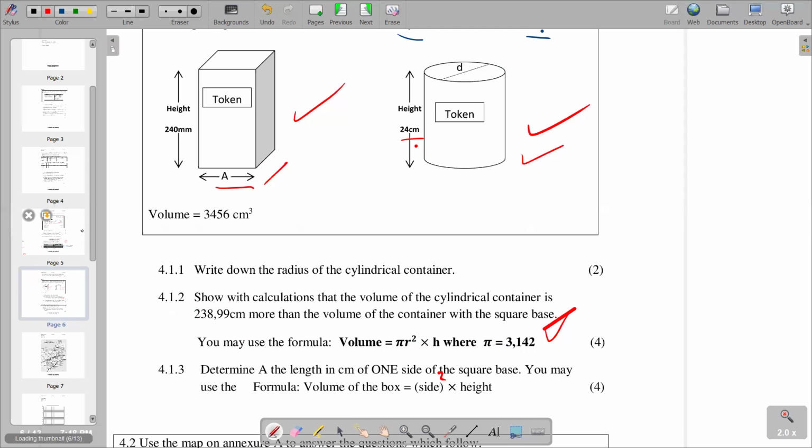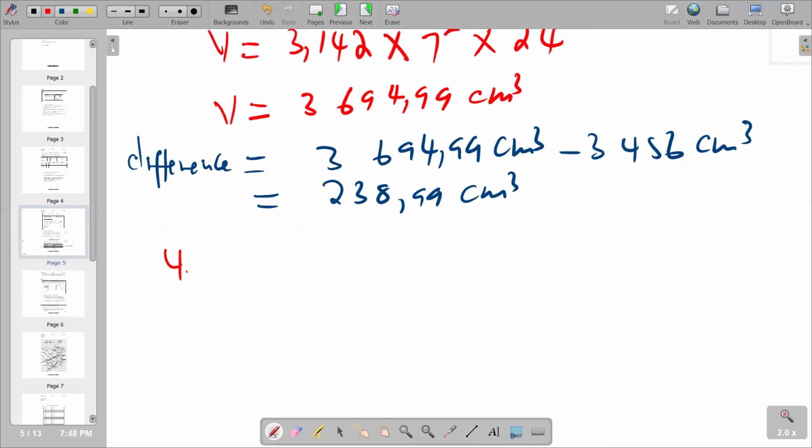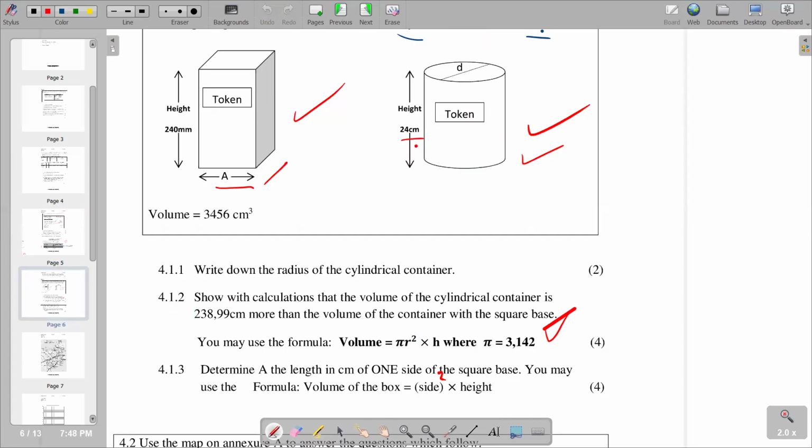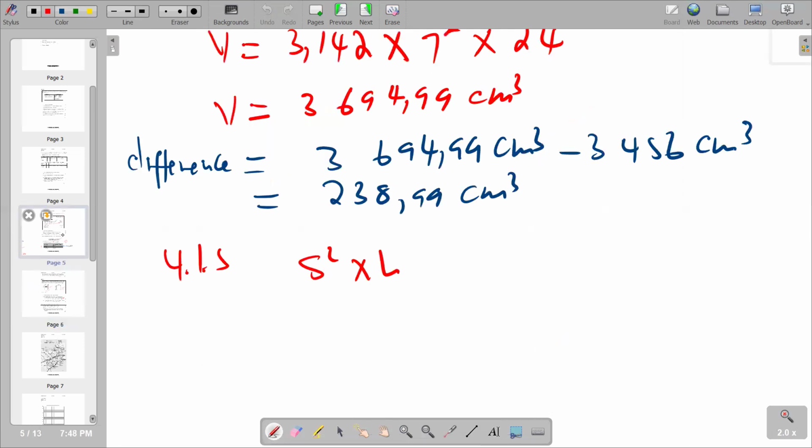So we come here, we say 4.1.3, whereby we are saying side squared times height, of which our side is the one that we are looking for, as they are saying determine the length in centimeters of one side of the square. So we are looking for our side, which is our A. We can just present it as A squared.